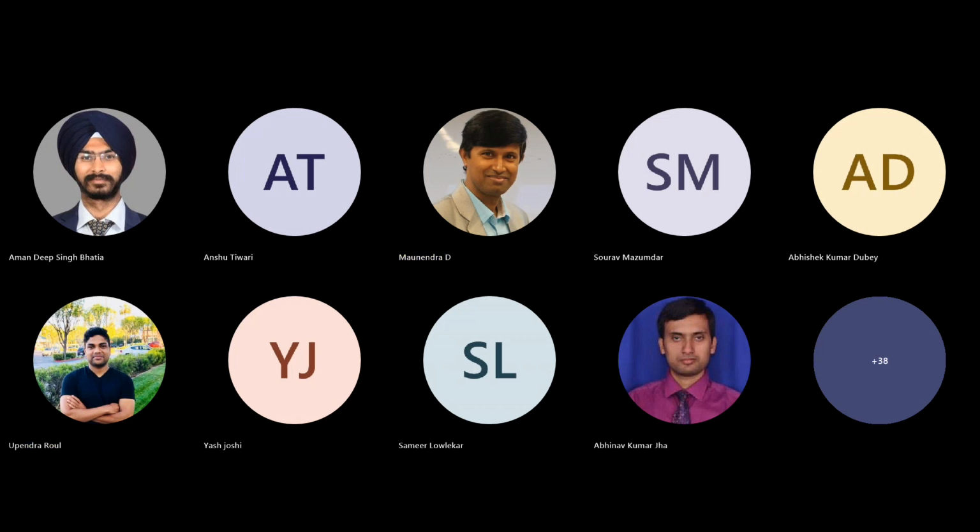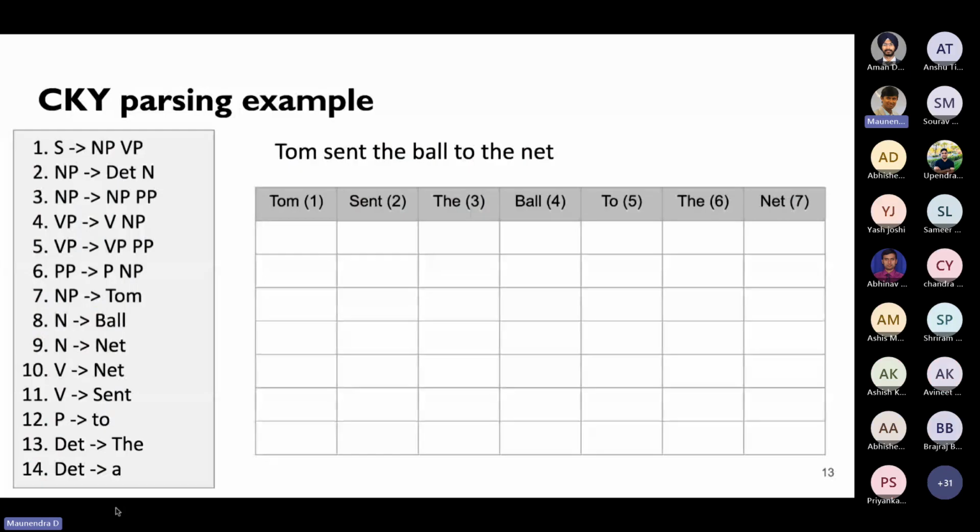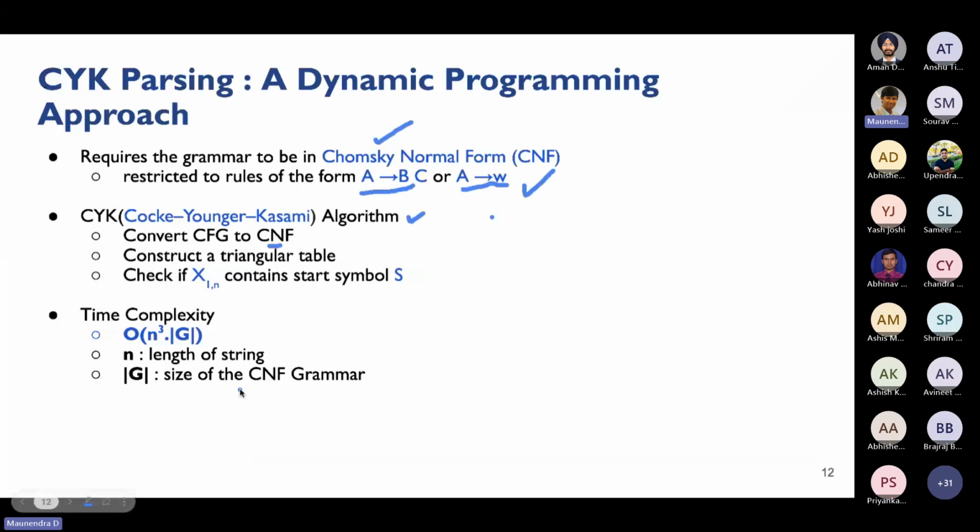Let me stop sharing this and we go to the slide. The number of ambiguous parse trees is the number of trees we'll come up with. We don't call it the number of ambiguities, but the number of ambiguous parse trees. It can be more than 2 as well.